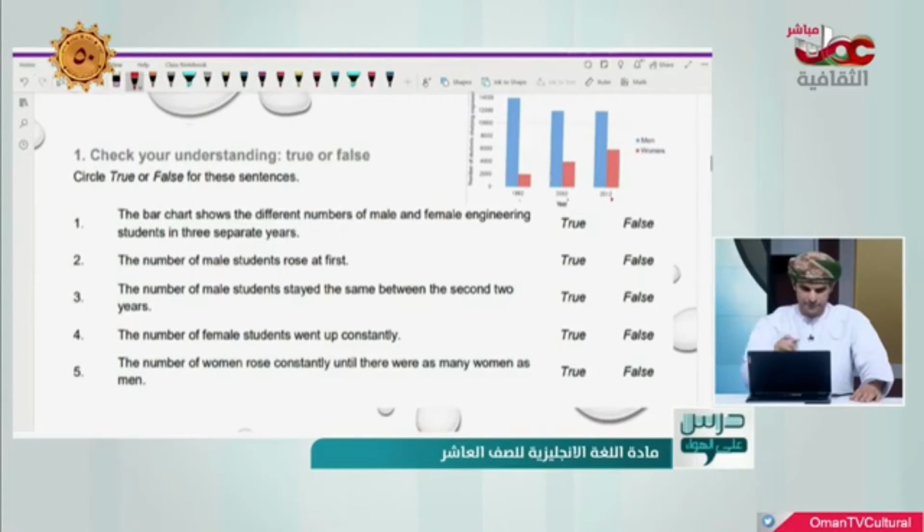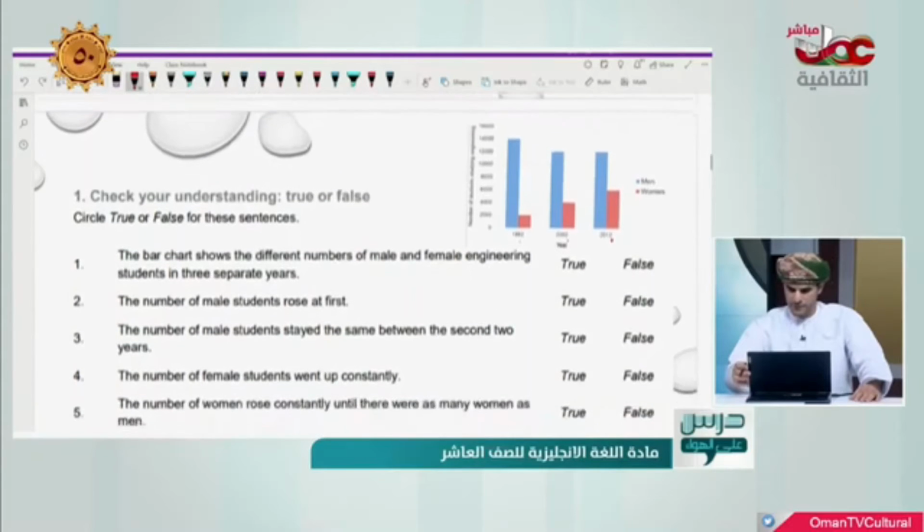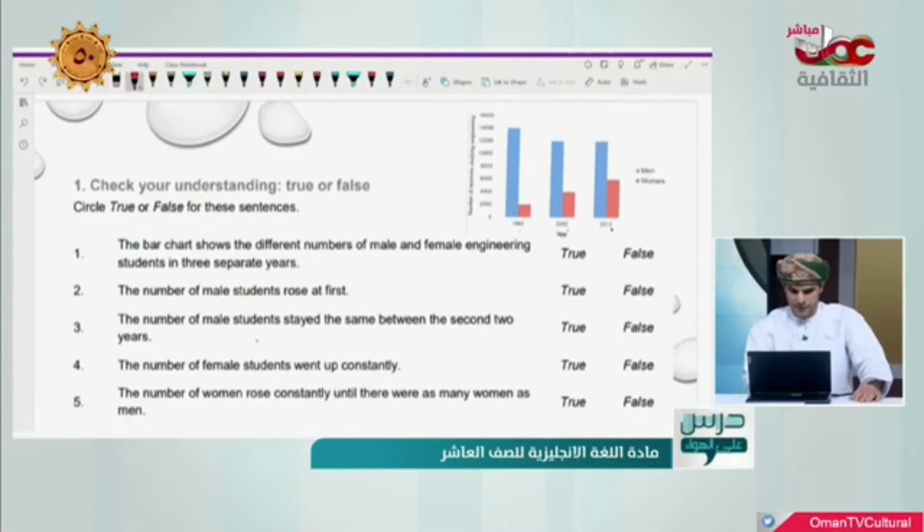The number of male students rose at first. The number of male students stayed the same between the second and 2 years. The number of female students went up constantly. Constantly. Look here. Okay, the number of women rose constantly until there were as many women as men.